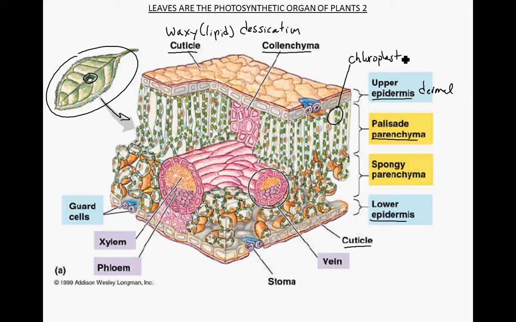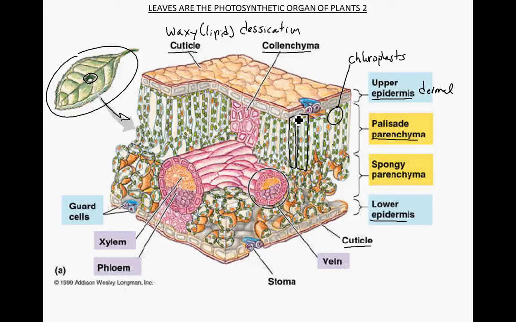The structure of this palisade layer is indicative of its function because you have lots of cells very close to the upper surface of the leaf, packed tightly together. These palisade cells are long and columnar, full of chloroplasts, which are then able to absorb photons of light coming down.